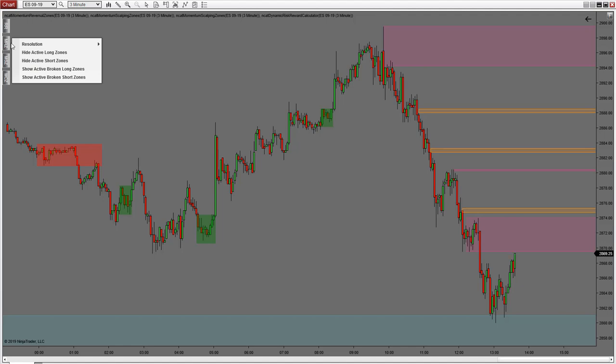Just click here. You can turn zones off and on. You can change the calculation methods right from the chart.